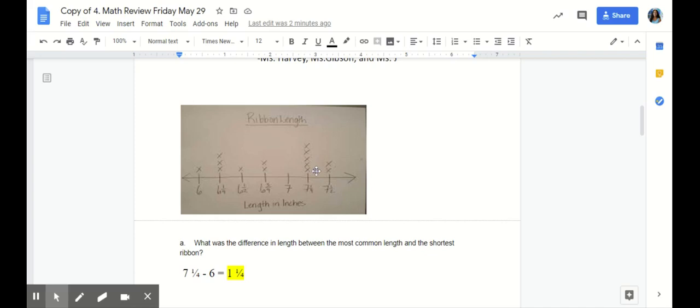It's the most common because it has the most amount of ribbons that are 7 1/4 inches. Our shortest ribbon is 6 inches. So we're going to subtract 6 from 7 1/4. And our answer is 1 1/4.